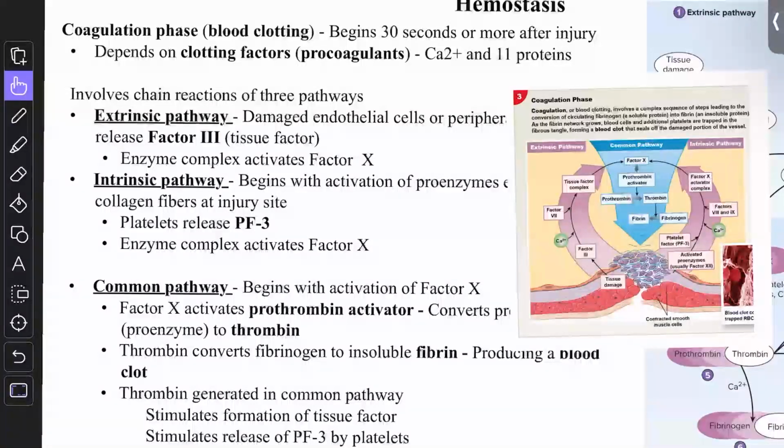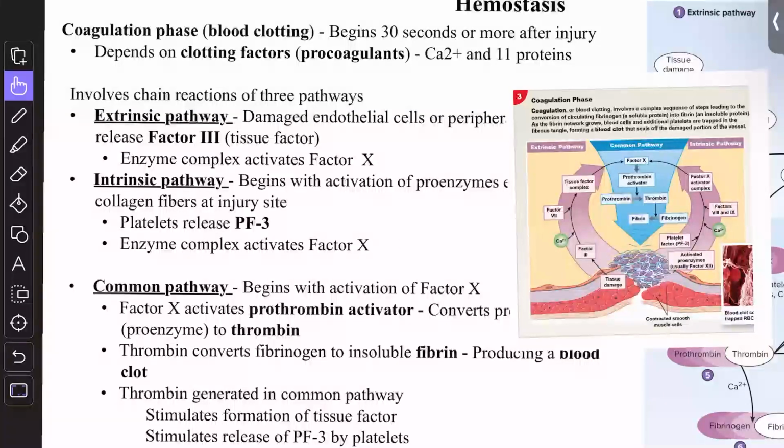It's going to start as soon as the vessel gets cut. Okay, remember I told you these are concurrent processes. So the vascular spasm is happening, the platelet plug is developing, and coagulation is happening.